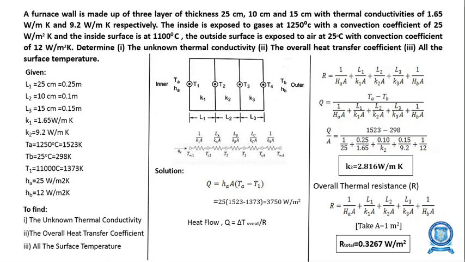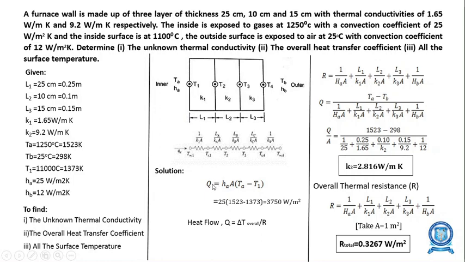The convection happens from TA to T1, and also from T4 to TB. Within this limit, the convection heat transfer takes place. First, I am going to find the convection heat transfer between TA and T1.